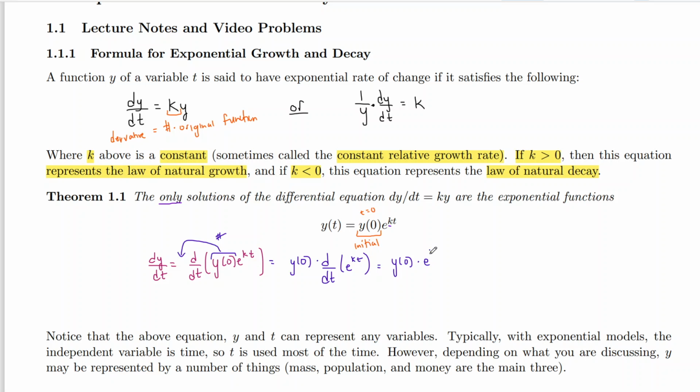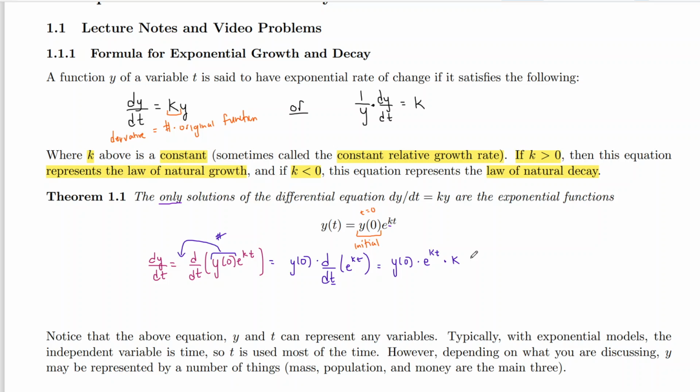With the chain rule, you start with the exponential itself, and then you multiply by the derivative of the exponent with respect to t. The derivative of k times t is just k, because the derivative of t is 1 and k is just a number. If you're not seeing it right away, think about what if k was 2? What would your derivative be? It would be e to the 2t times the 2.